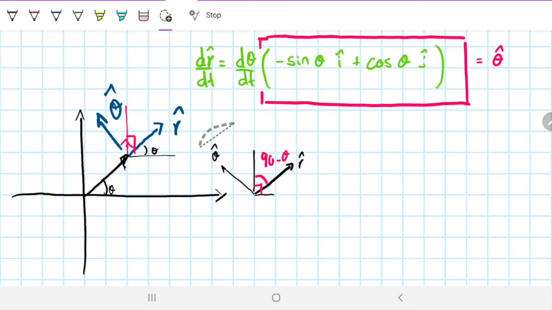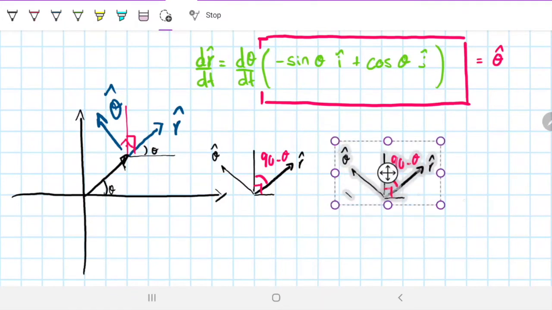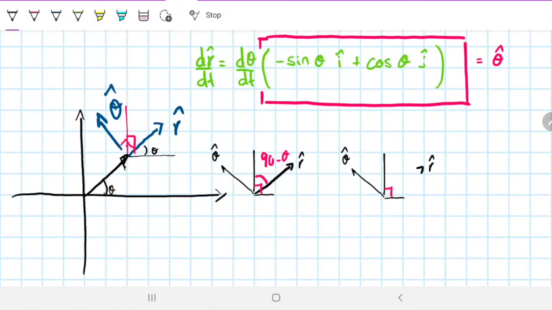However, we also know that these guys here are 90 degrees, right? So whatever this angle here that we're interested in is, that has to be 90 minus whatever this angle here is, right?